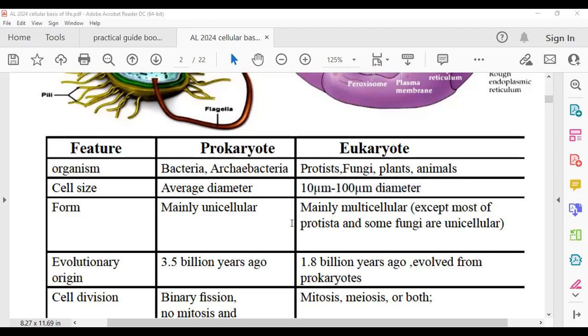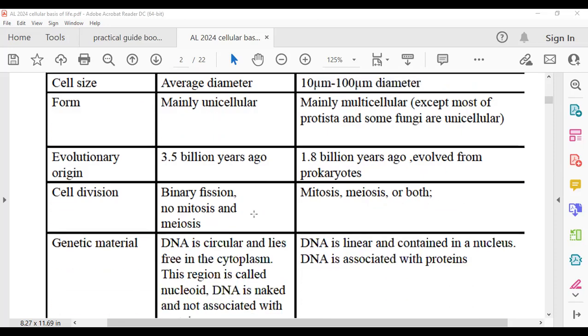Good. So, third, it is their cell division pattern. In the prokaryotes, there's no nucleus. In the prokaryotic cells, there is no, what is it? Nucleus. Do you know these words?